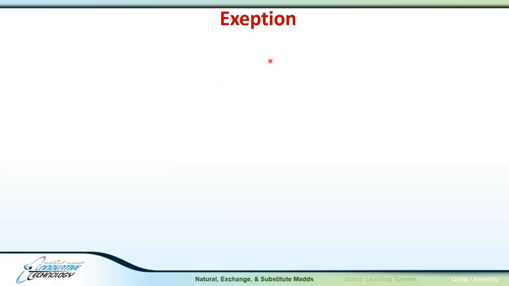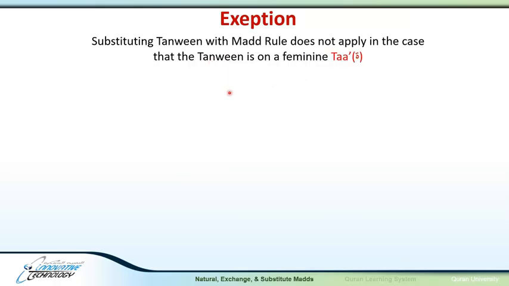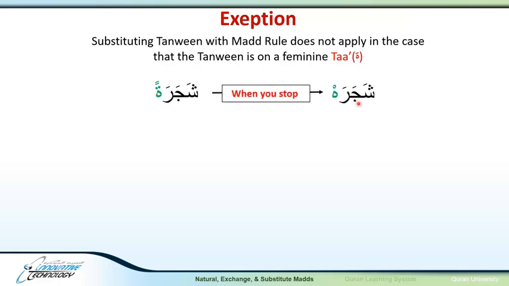And before conclusion, we'll give an exception for the substitute med, and that is related to the case when the tanween is on a feminine ta'nith. Let's take an example. When we have shajaratan, if we stop on shajaratan, we don't say shajara, we say shajarah, ha with sukoon rather than an alif with a med, with a lengthening of 2 units.